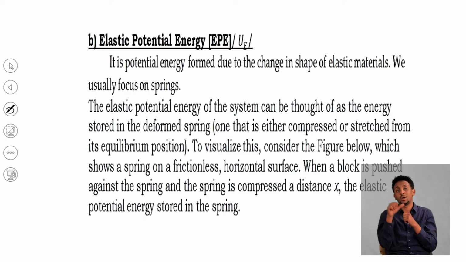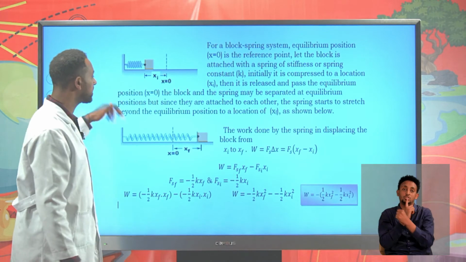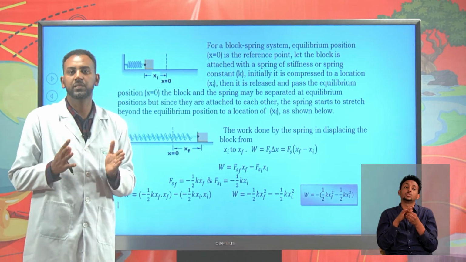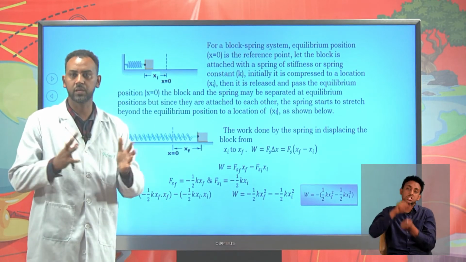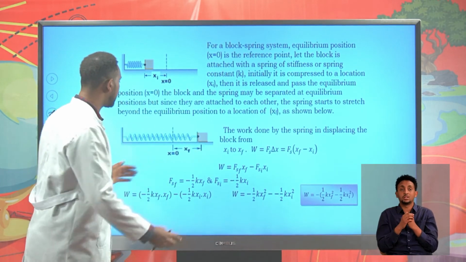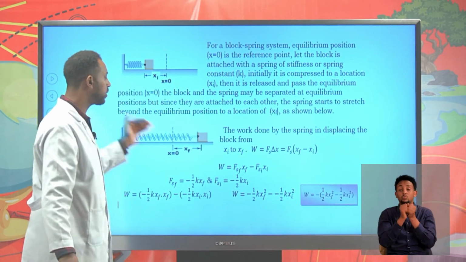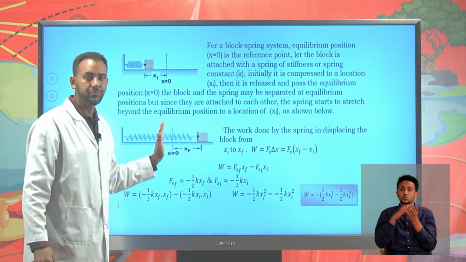The other form of energy is elastic potential energy. Previously, we have seen gravitational potential energy. Now we can have elastic potential energy. Elastic potential energy is all energy exerted due to elastic materials like a spring, polyethylene, and so on. As you try to pull or compress this, you can store energy in those springs.